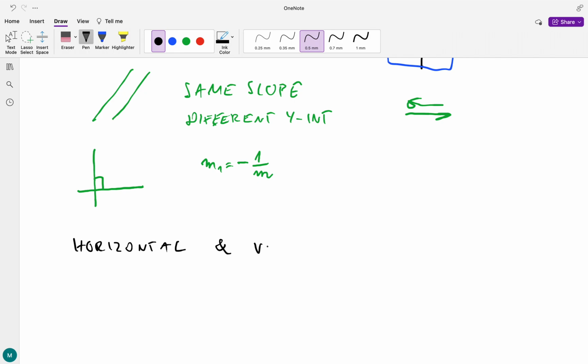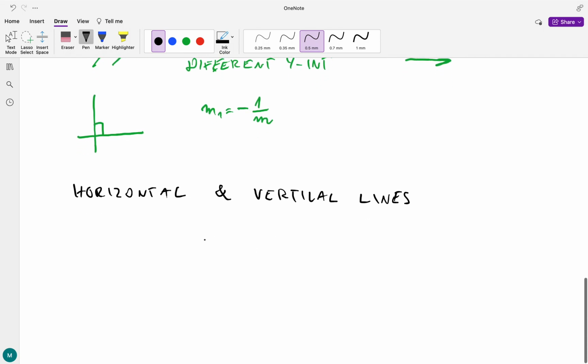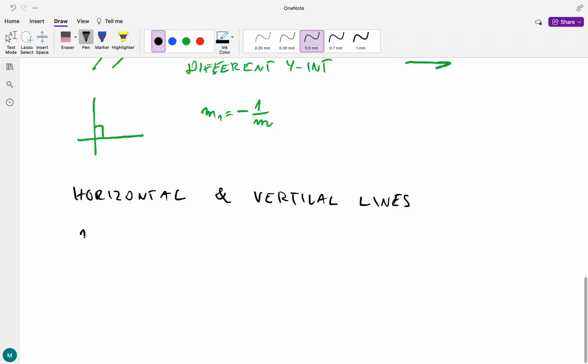Because there are some specific things about the slope that you have to remember, and we're going to use that information about the differences when it comes to the slope of horizontal and vertical lines when we work with derivatives later in this course. So horizontal lines have a slope of 0, right?